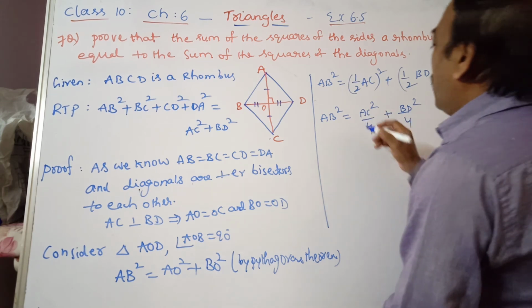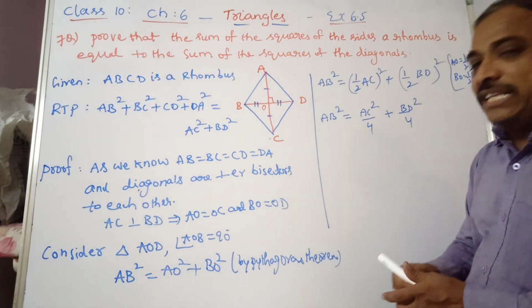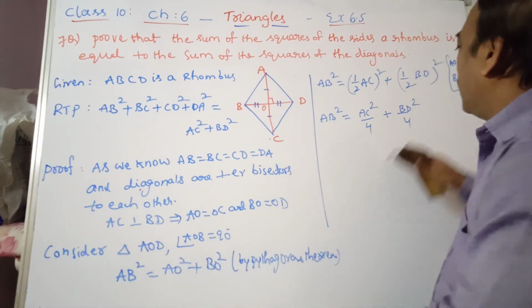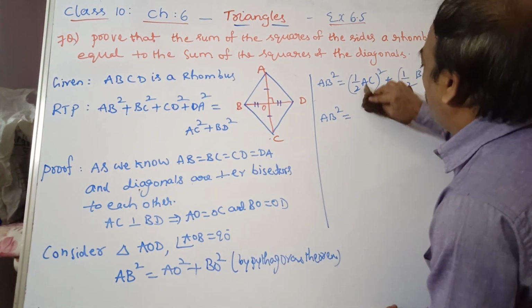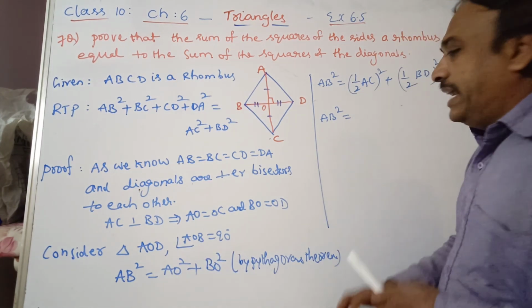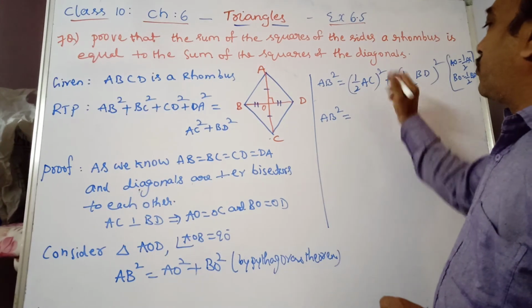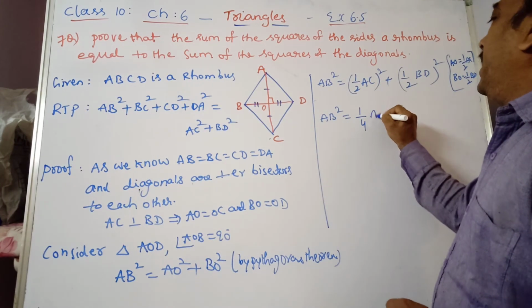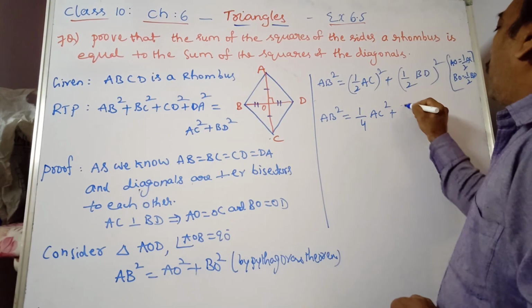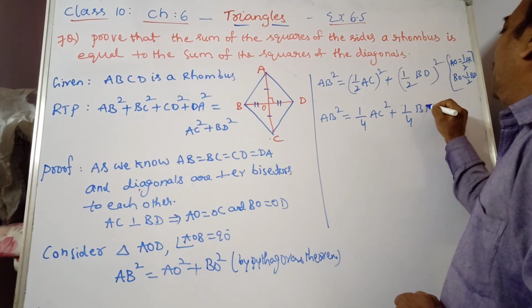Or you can write 1 by 4 into AC square, that way also. If you didn't understand this step, we'll write again in the next step: 1 by 2 square is 1 by 4 AC square plus 1 by 4 BD square.